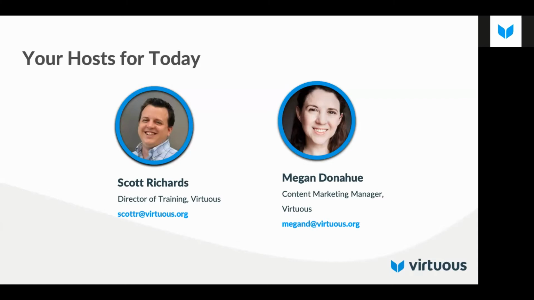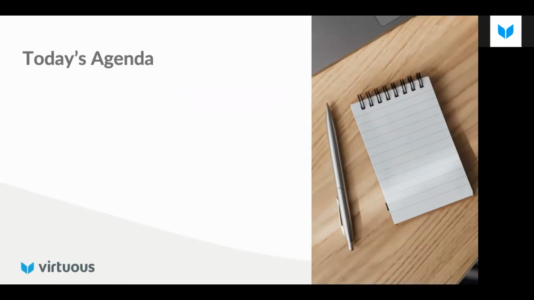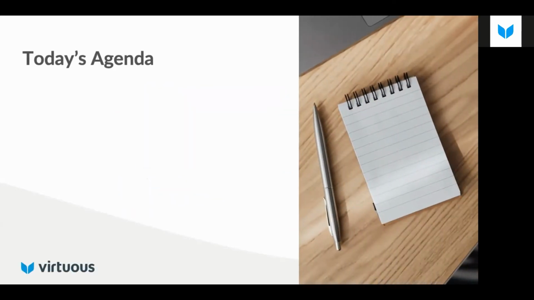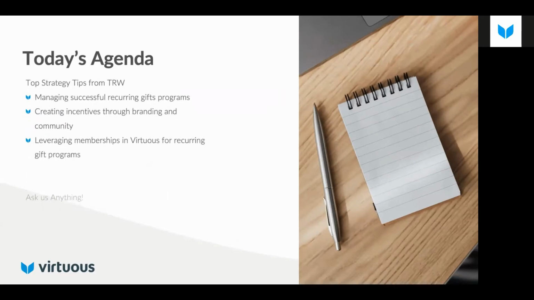And today, our featured discussion topic, the topic du jour, if you will, is really going to be talking about recurring giving, right? That's something that came out of some recent sessions, some recent content. And so I want to talk about managing recurring gifts in Virtuous and really what it means to have a successful recurring gift program.